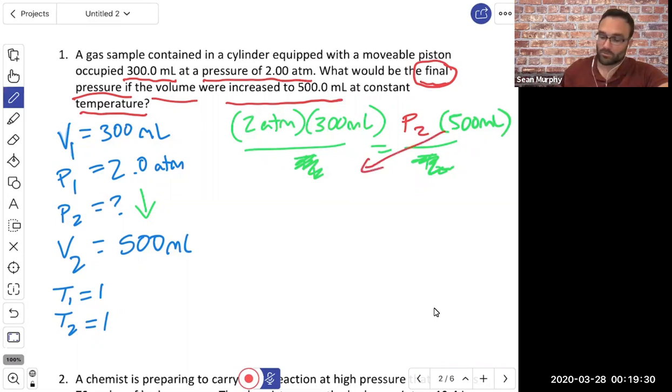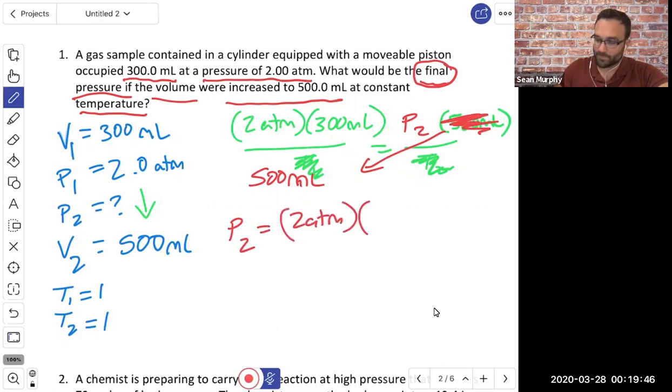So we're going to put the 500 down here. Okay, that's going to scratch out. So let's make it look a little bit nicer. 2 atmospheres times 300 milliliters divided by 500. Our P2 is going to be in atmospheres because milliliters and milliliters cancel out.